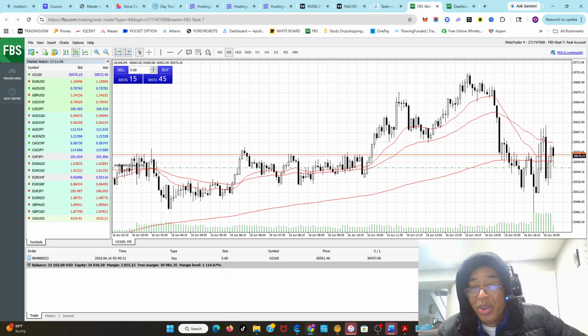We are in a trade. You can see the trade has a stop loss and it has a take profit. This was taken last night, early morning, London session. London session starts from 3 a.m. Eastern Standard Time.